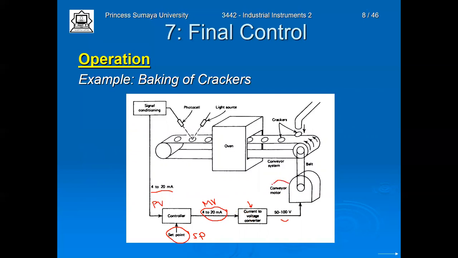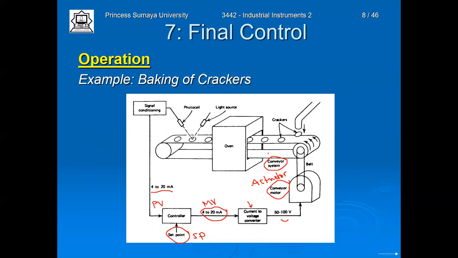The conveyor motor here, in our example, is the actuator. It is a type of actuator. While we change the speed of the actuator here, we change the speed of the conveyor belt. So the final control element here is the conveyor system.